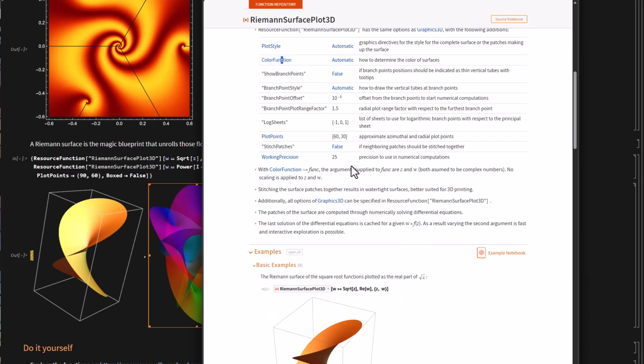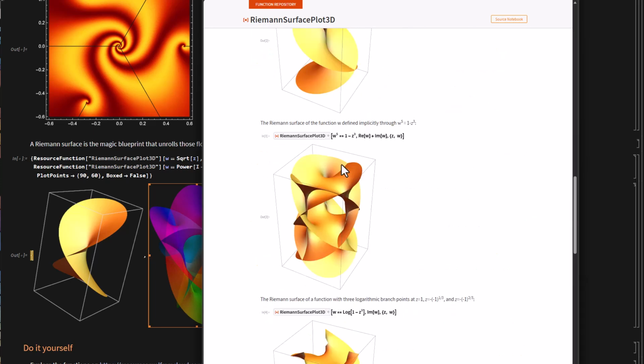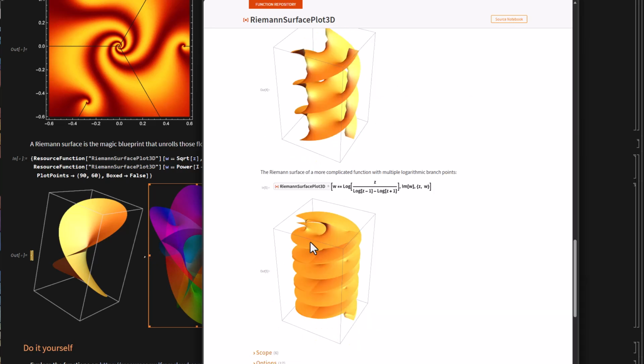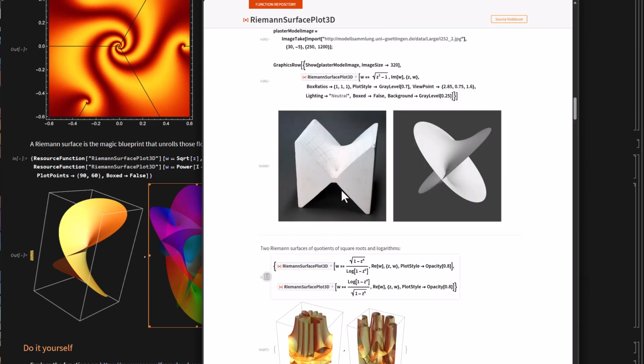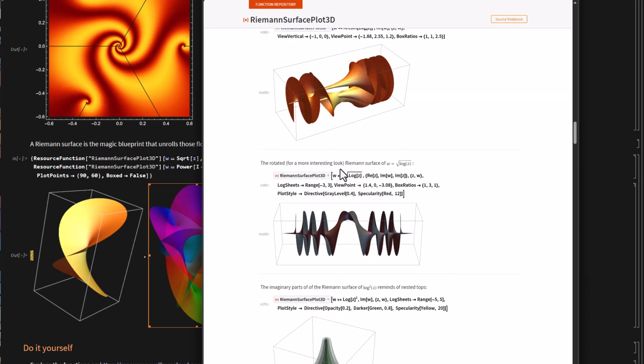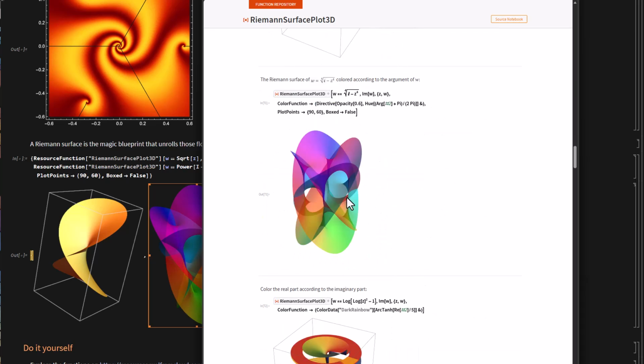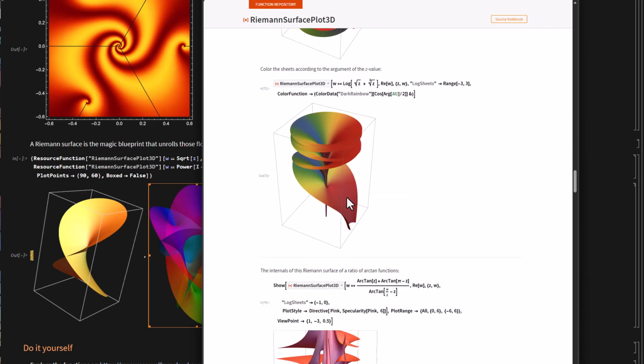It gives you lots of good examples about multi-valued functions, or functions coming from covering spaces, and how they become multi-layered, or multi-leaved, inside space. This function has a very good collection of examples, and I never get tired of browsing them.